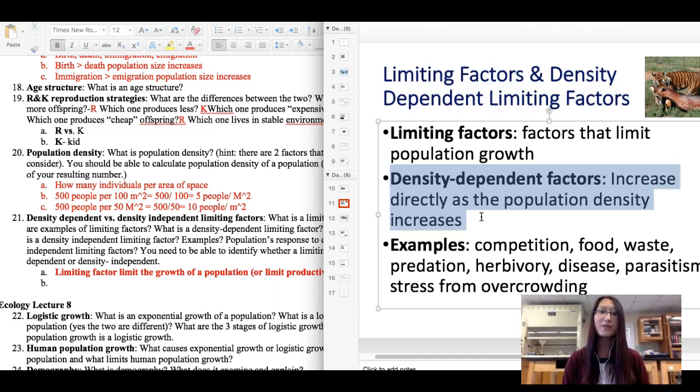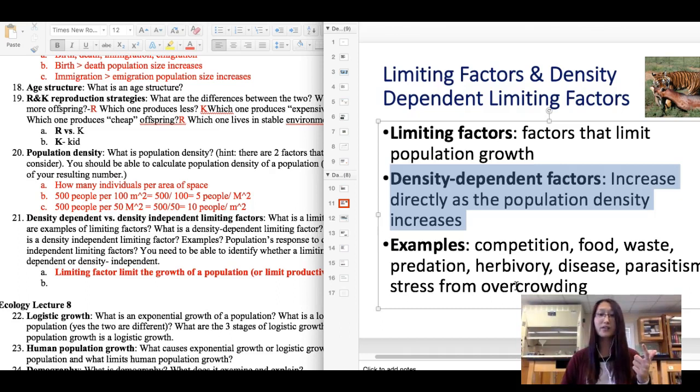So take human beings as an example. What are some factors that change as the human population keeps growing bigger, right? For example, there could be a lack of space. So space is a density dependent limiting factor, right? The space will then limit how fast your population can grow.